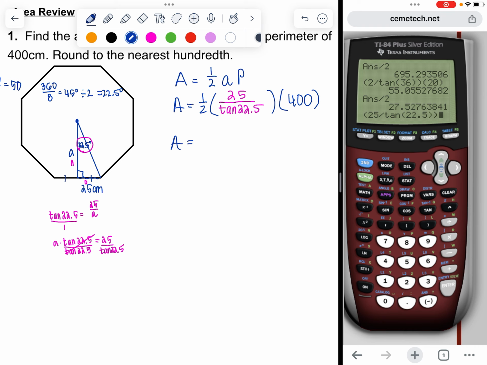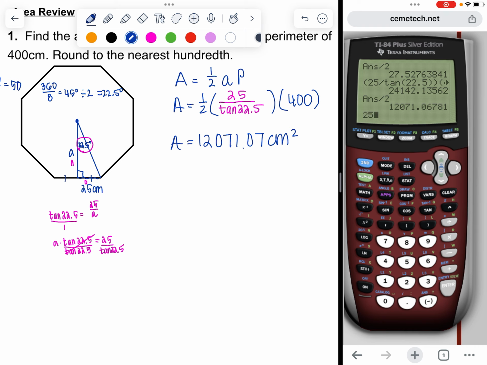Close the parentheses, and then times 400. And then take this and divide it by 2. And I get, wowza, that's a lot. 12,071.07 centimeters squared.